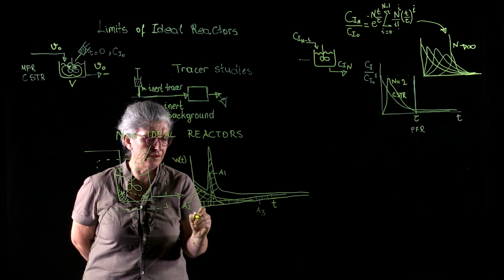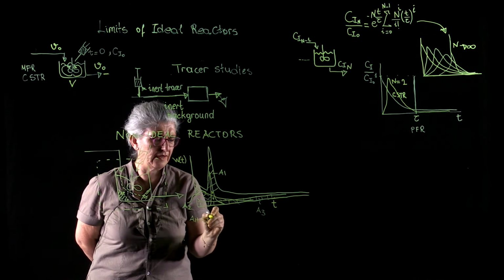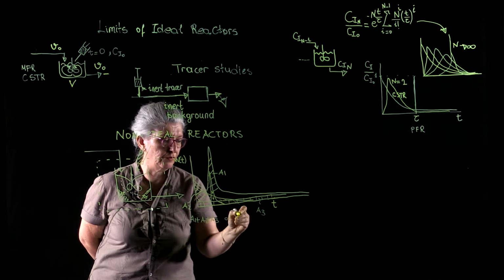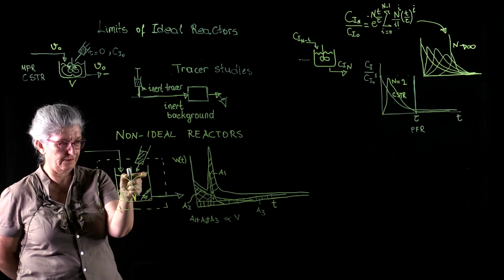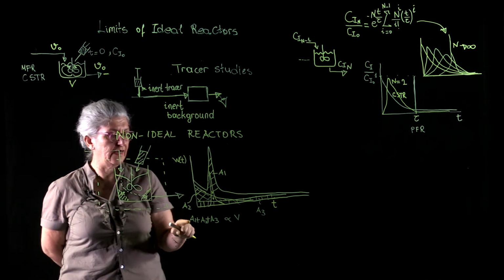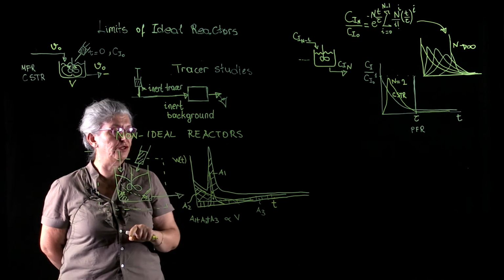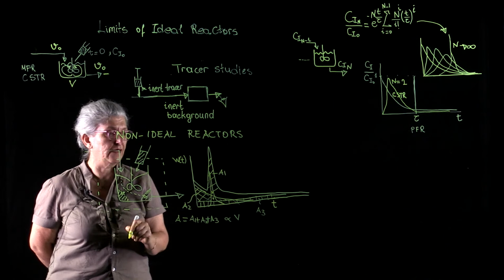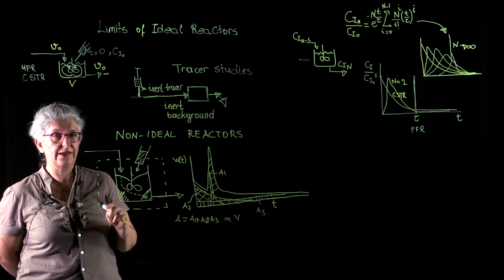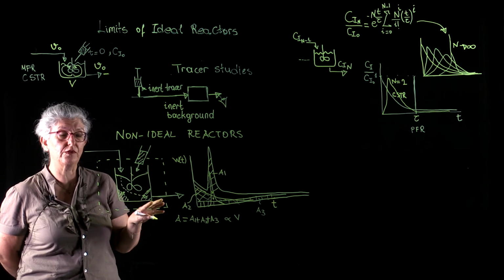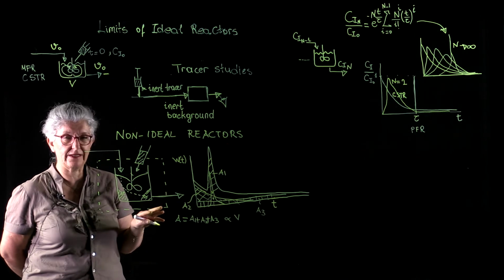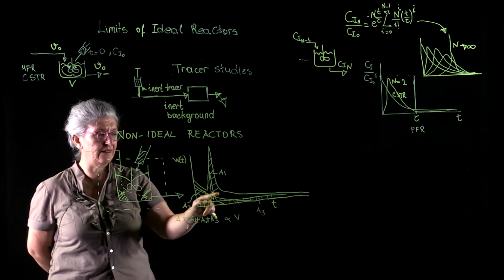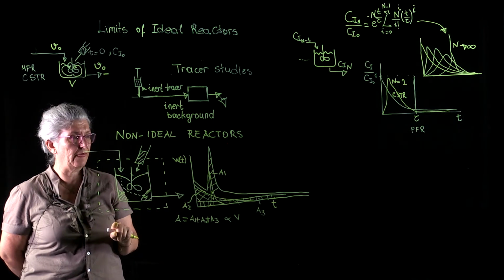A1 plus A2 plus A3 is going to be proportional to the volume of the contents of this reactor, and their relative proportions are going to be representative of the fraction of the fluid that is undergoing the changes as dictated by the residence time distributions.